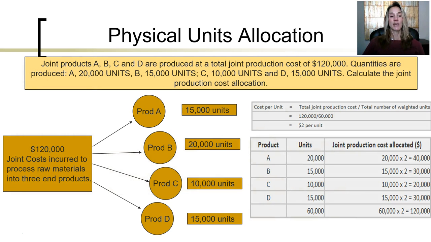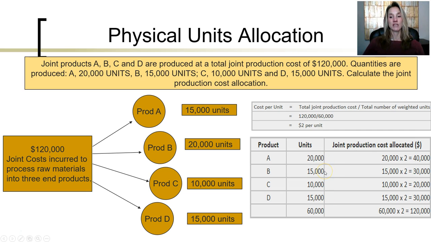So looking at how we can allocate the $120,000 to those four products, we are going to take the total physical units that are produced and figure out what portion is attributable to each of the products. If I add up the total number of units produced, all of the raw materials purchased produce 60,000 units.